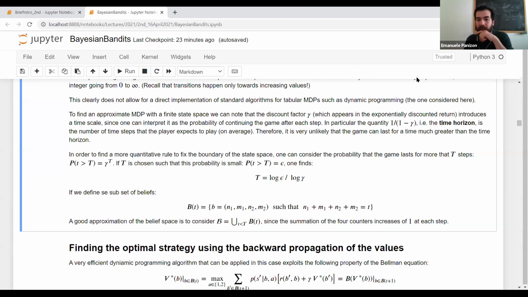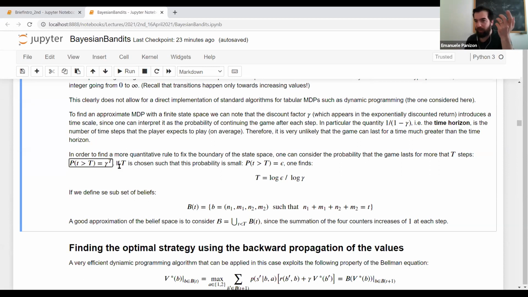In particular, the weight for a time larger than that boundary time is gamma to the t, because all the time you get gamma, gamma, gamma. So if you do it t times, this is gamma to the t.